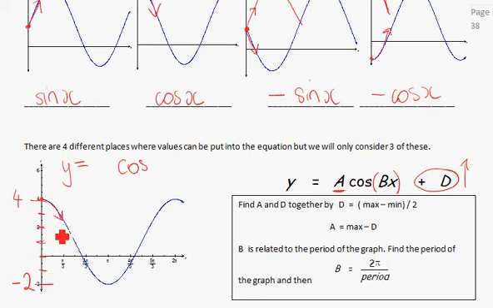We could use our fingers. 1, 2, 3. 1, 2, 3. I can clearly see that the value of 1 here is going to be halfway between -2 and 4.